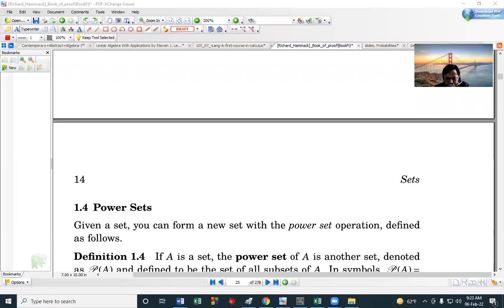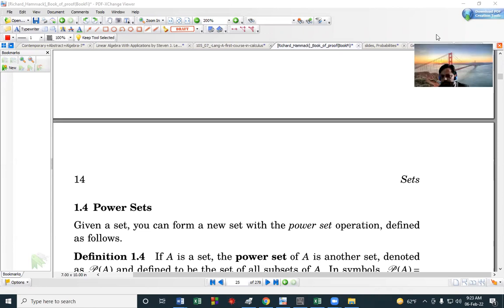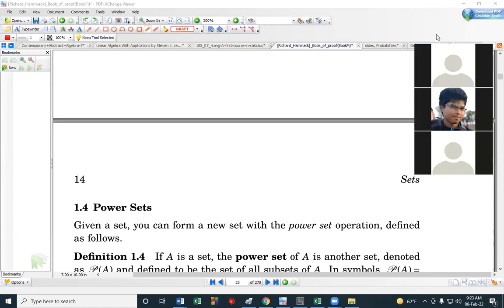Excuse me. Zoom is giving me a hard time. Where is the checkbox? Let's see.